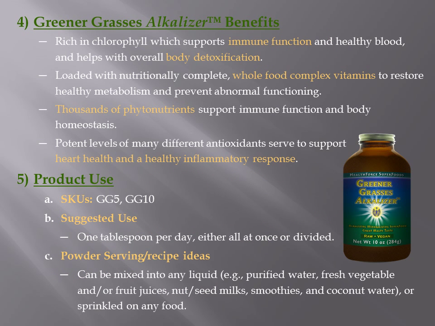So let's discuss some of the other benefits of Greener Grasses Alkalizer besides the alkalizing effect that this product has. Greener Grasses is rich in chlorophyll, which helps to support immune function and also healthy blood. Basically it helps with overall oxygenation of tissues, because chlorophyll is very similar to hemoglobin in human blood, which is what carries oxygen in our blood.